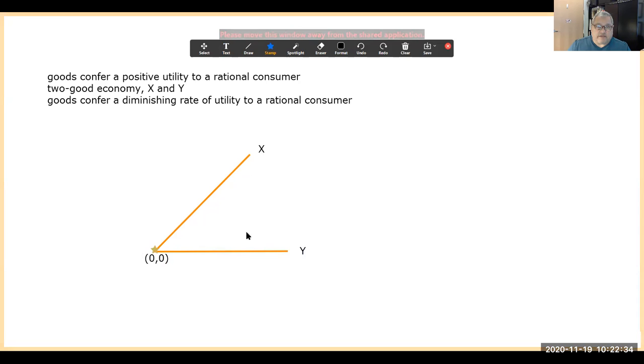That's the baseline. And at that point, you have a third dimension. And in this third dimension, we're measuring utility.